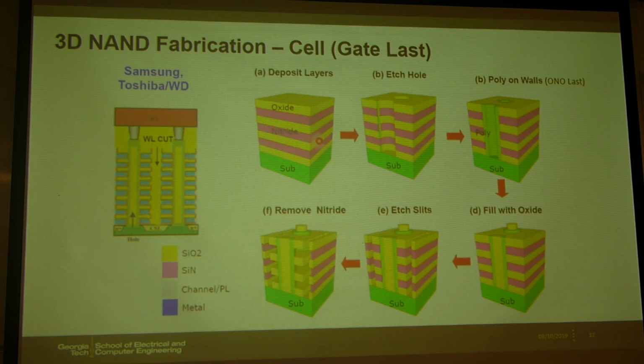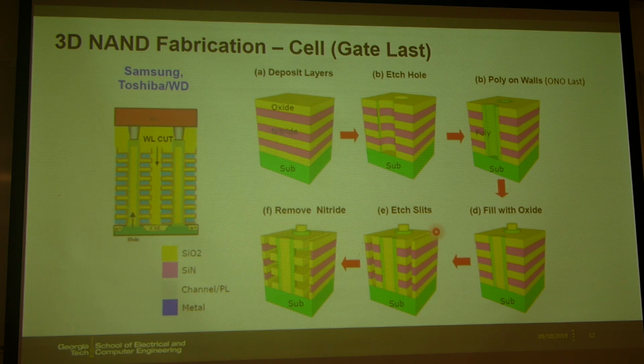And then we etch the hole for the channel, and then we deposit the polysilicon. We can see this green color. And then we fill the core of this channel hole with the oxide. So the polysilicon channel looks like macaroni. So it is called the macaroni structure. It is not a joke. It's a real structure.